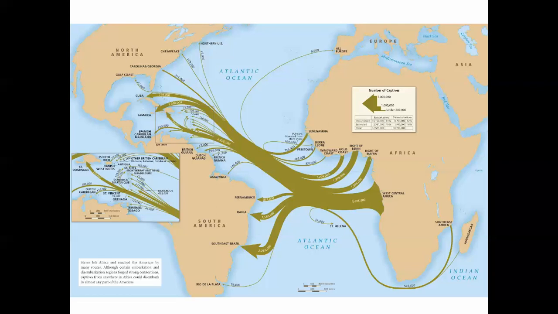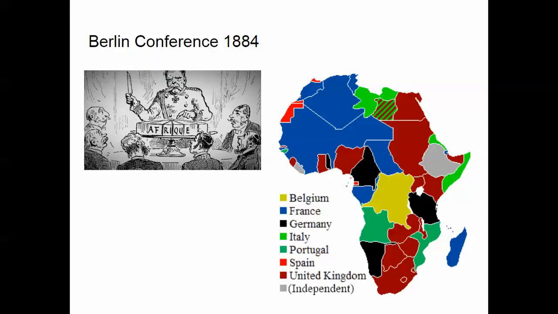So we have to understand that the slave trade is in fact one of the major players in the decline of the African empires. Now, once that decline happens, a few hundred years later, the Europeans do in fact treat Africa as a blank slate, and the Berlin Conference, again, know that, Berlin Conference, 1884, where the European states, European empires, came in and divided Africa, and it's a great kind of political cartoon here of Africa being divided up into slices of a pie and given out.